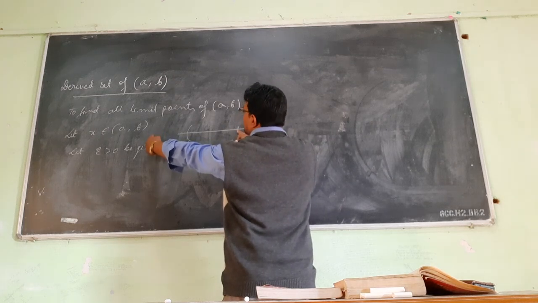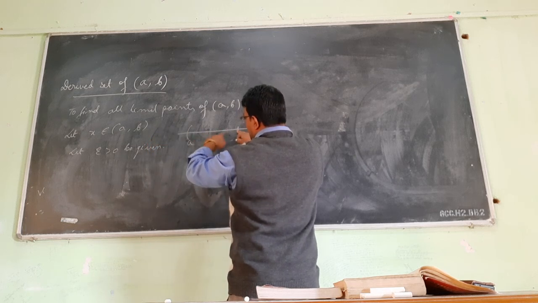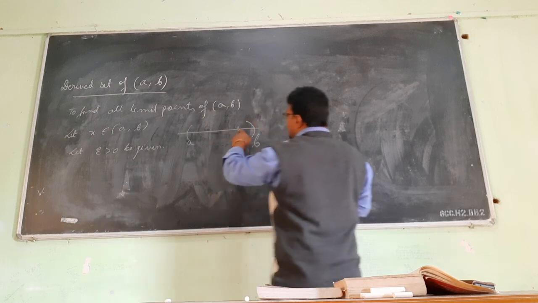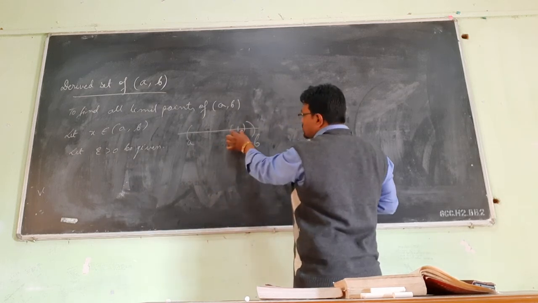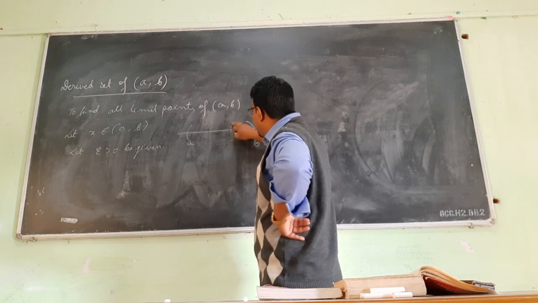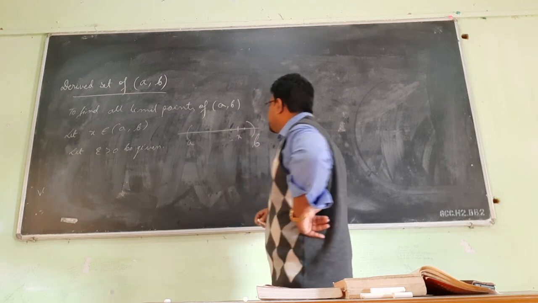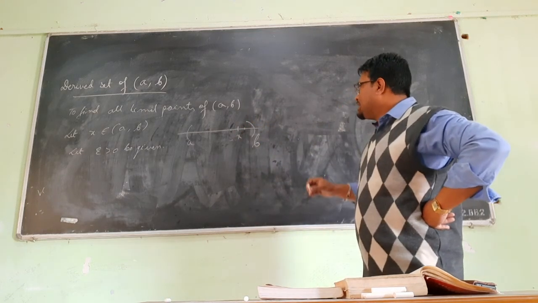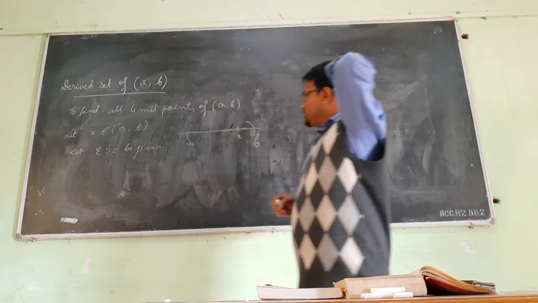If epsilon is large, then so many points are included. If epsilon is small, somewhere here, then also some points are included. So we need to find at least one point which is different from x in the interval x minus epsilon to x plus epsilon.